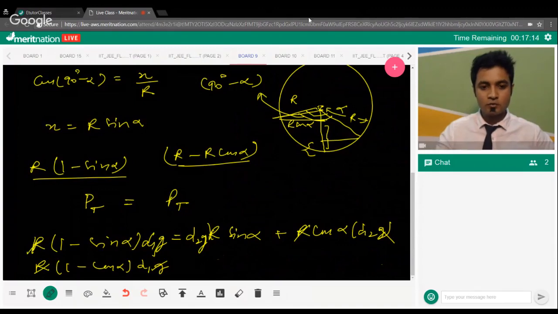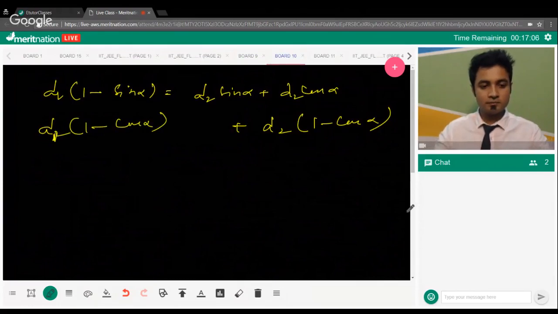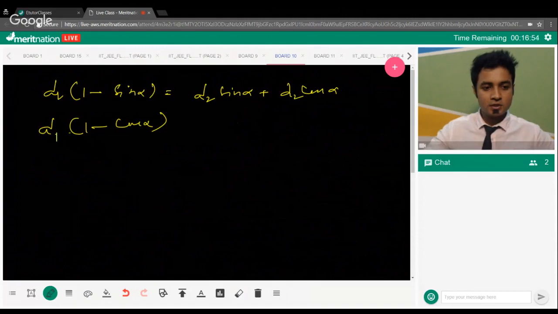So what would you get in the end? Sorry, this is not d1, just a moment. Yes, so this is d1 minus cos alpha, and this is equal to d2 sin alpha and d2 cos alpha.